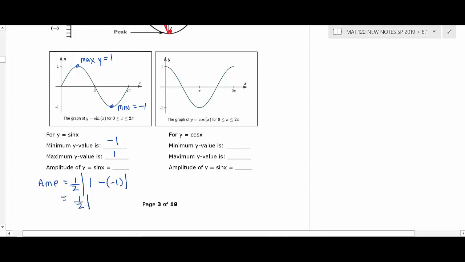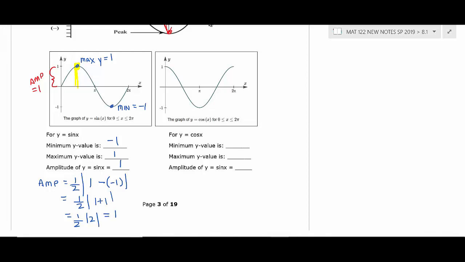So you get 1/2 of 1 plus 1. That's 1/2 of 2. Therefore, you get 1. Okay, and that absolute value is just guaranteeing that you get a positive number. So what you'd end up getting is the amplitude's 1. So in the diagram, the amplitude is from there to there. That part right there is the amplitude equaling 1. Again, it's half the distance between the minimum and maximum.